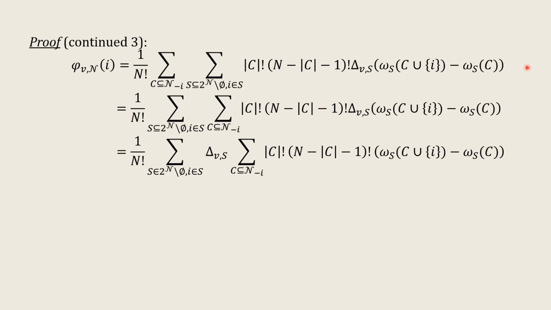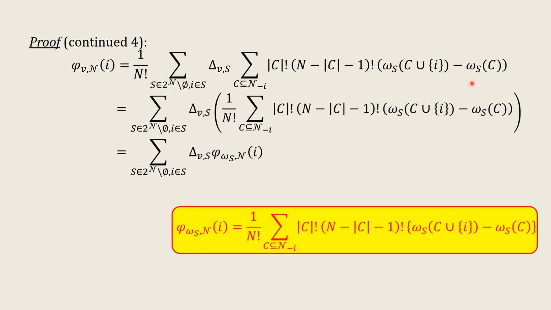Next, we do some simple algebraic tricks. First of all, I swap the order of the two summations. And so the summation over the subsets S appears first, followed by the summation over the coalition C. And then I take this delta out, because delta is independent of coalition C, and so I arrive at this expression here.